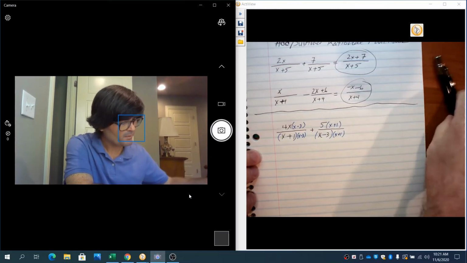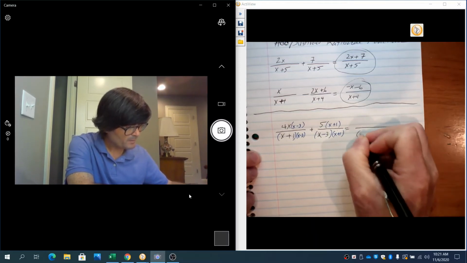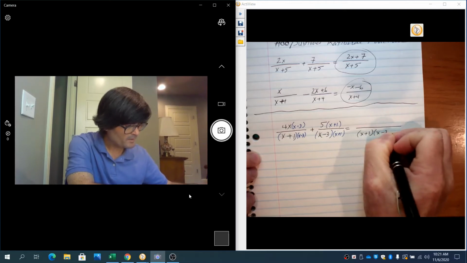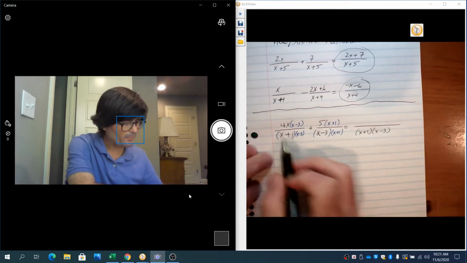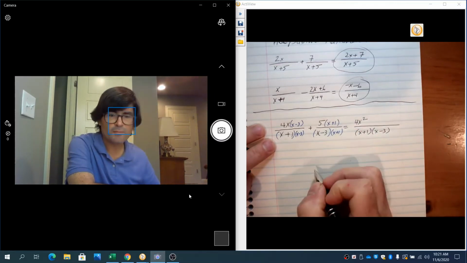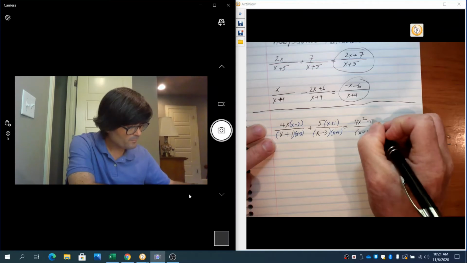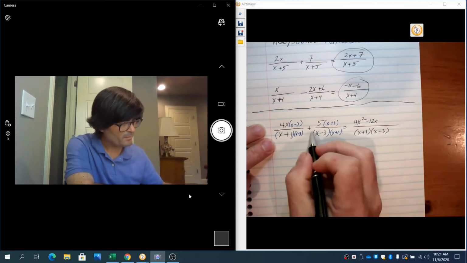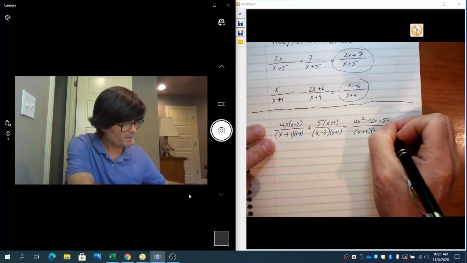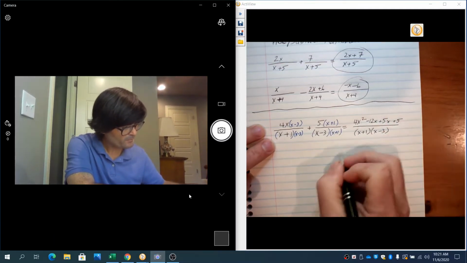And now we're going to have on the bottom a common denominator of x plus 1 times x minus 3. And on the top, 4x times x, 4x squared, 4x times negative 3, negative 12x, plus 5 times x, 5x, plus 5 times 1, 5.